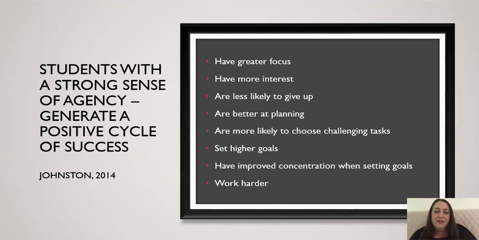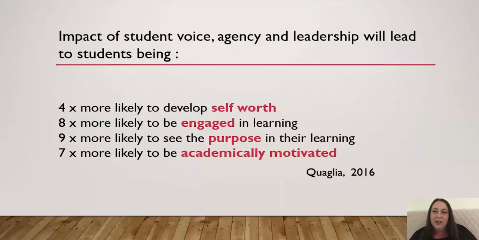This was really closely aligned to the work of Russell Quaglia, who writes a lot and has got wonderful resources that are free on his website, and I will attach that to this video with many of the resources that I'm talking about as well, that you'll have access to. But he talks about four very specific areas: self-worth, engagement, purpose, and motivation.